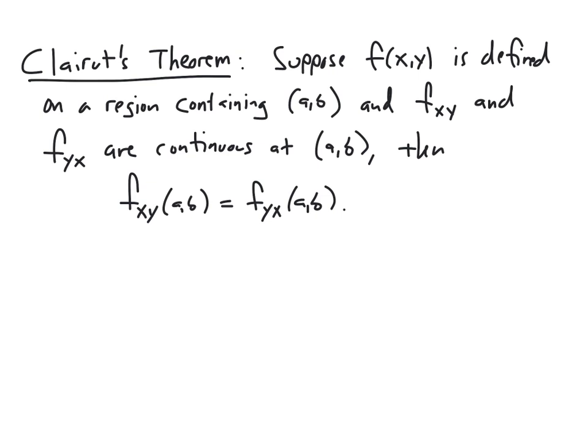So this says that the result that we saw in the previous example where f sub xy and f sub yx were equal should have been expected. Right? That particular function that we had, it involved an exponential function, it involved a sine function, and just polynomials. Those functions are continuous everywhere.